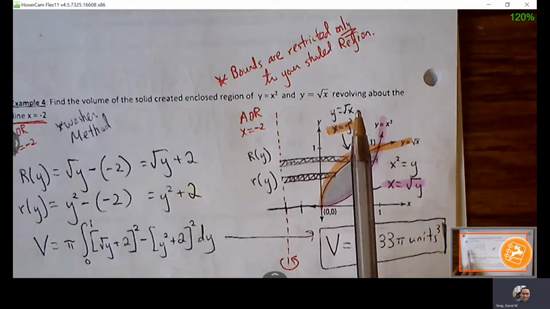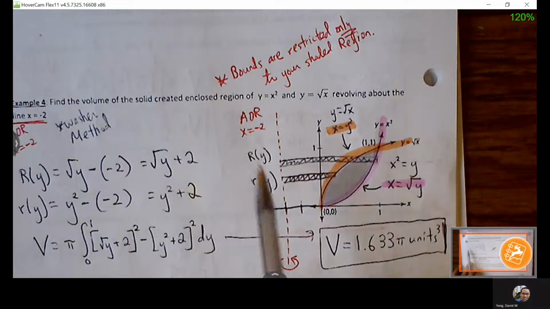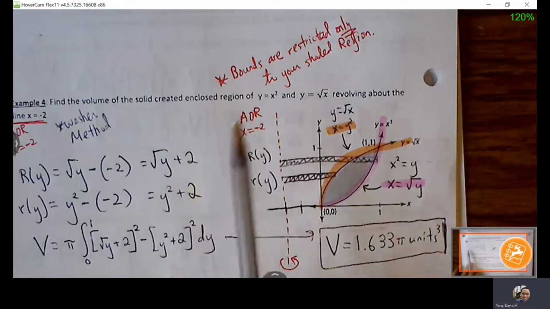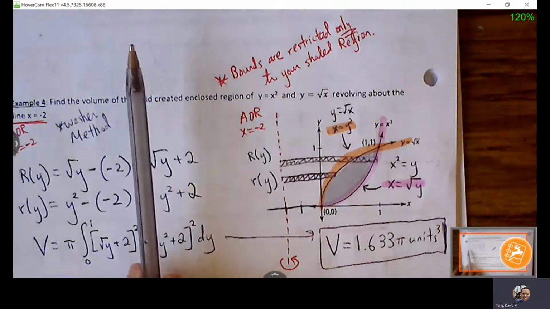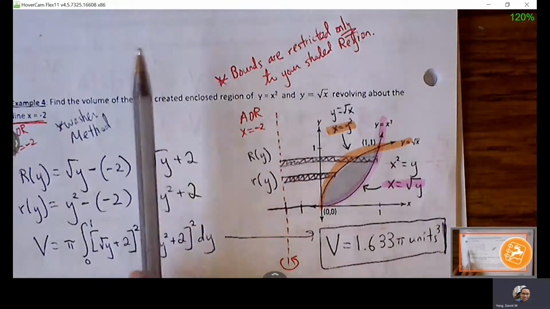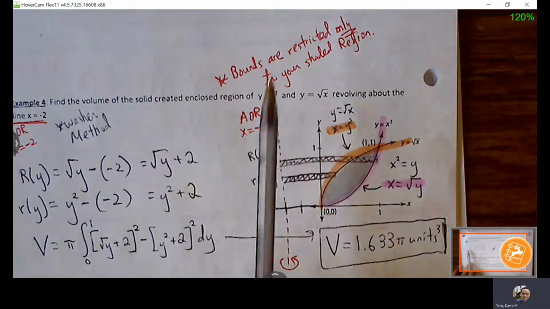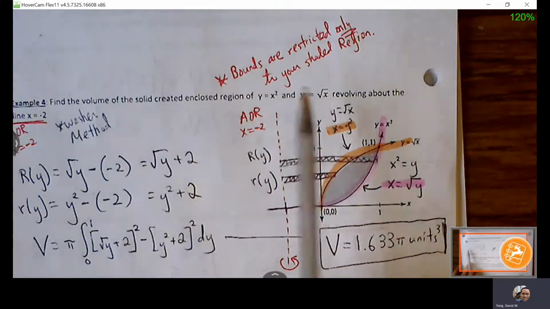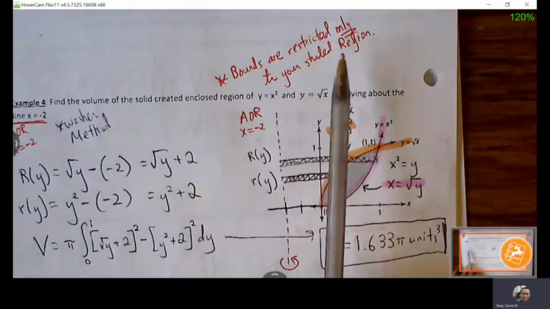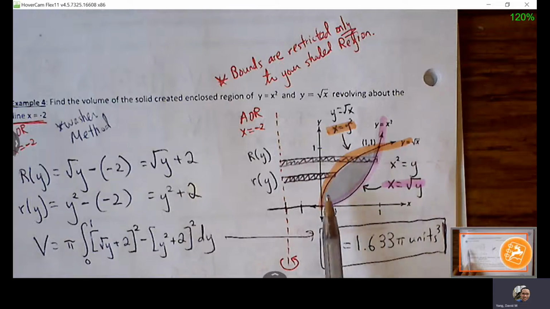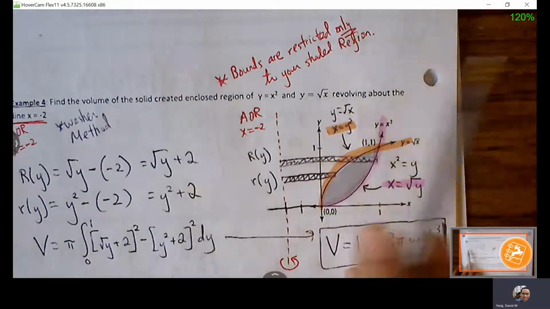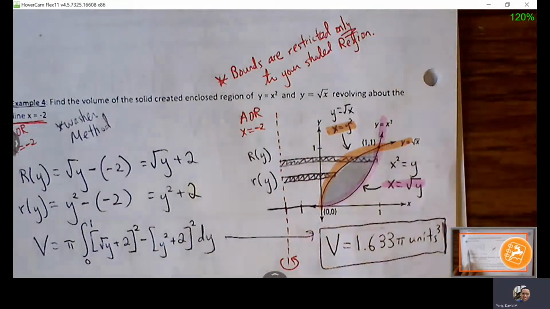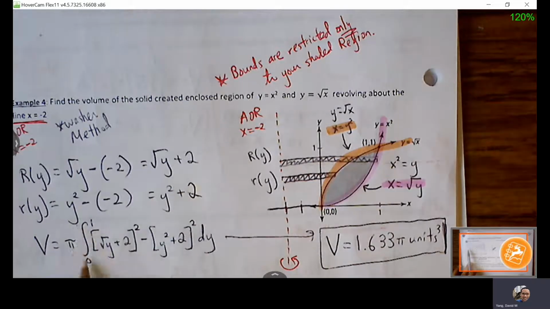The reason why I bring that up is sometimes I see students looking at their axis of revolution, they see that it's really far away and they feel like they have to include that as part of their boundary. Okay, we don't care about where that axis of revolution is. Your boundary is only for your shaded region. So only look at your shaded region when you're creating your bounds. The axis is only going to be used for your radius and nothing else. We're not going to use it to help us find the bounds involved.